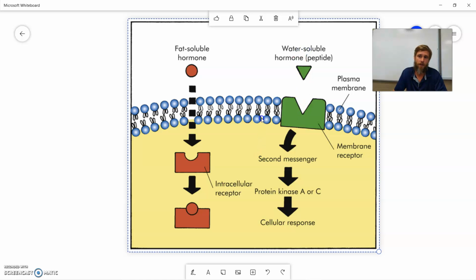You have to think about the structure of each phospholipid. The heads of each lipid, are they polar or nonpolar? Each head is polar. Therefore, they're going to attract other polar molecules.